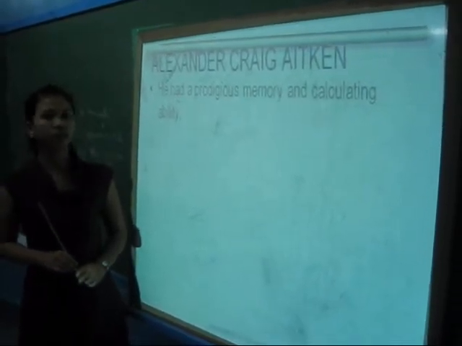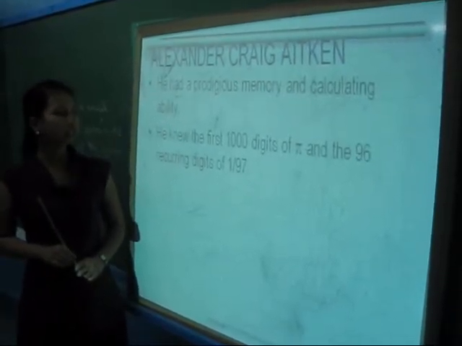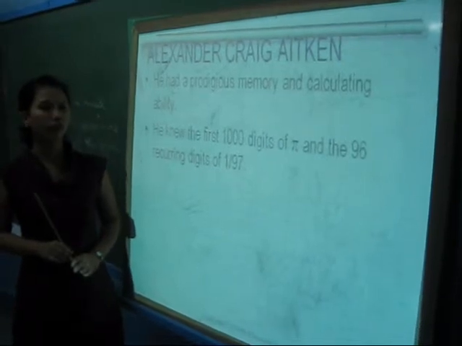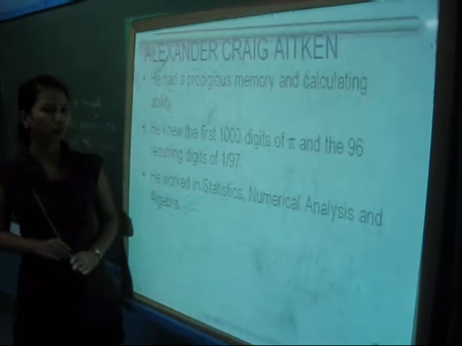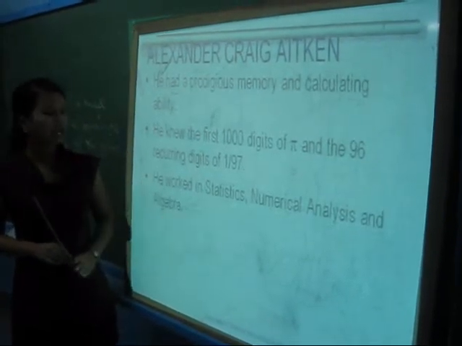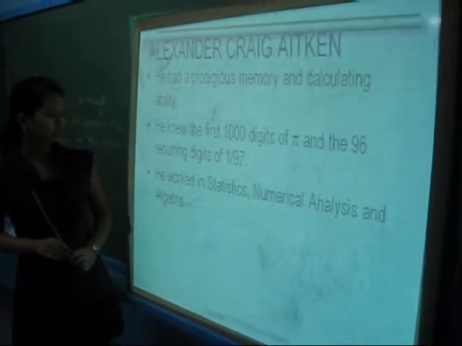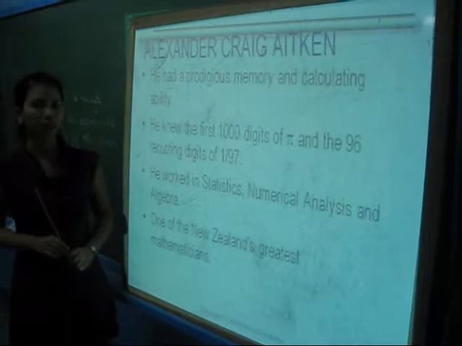He knew the first 1,000 digits of pi, 96 recurring digits of 1/97, and memorized the Aeneid in high school. He worked in statistics, numerical analysis, and algebra. He is also one of New Zealand's greatest mathematicians.